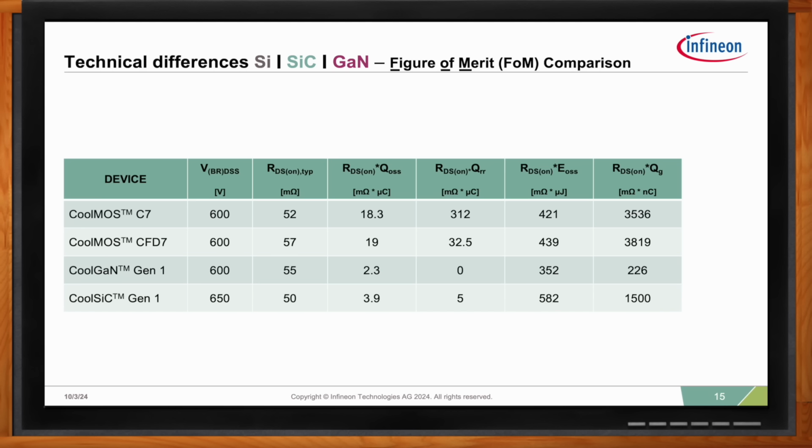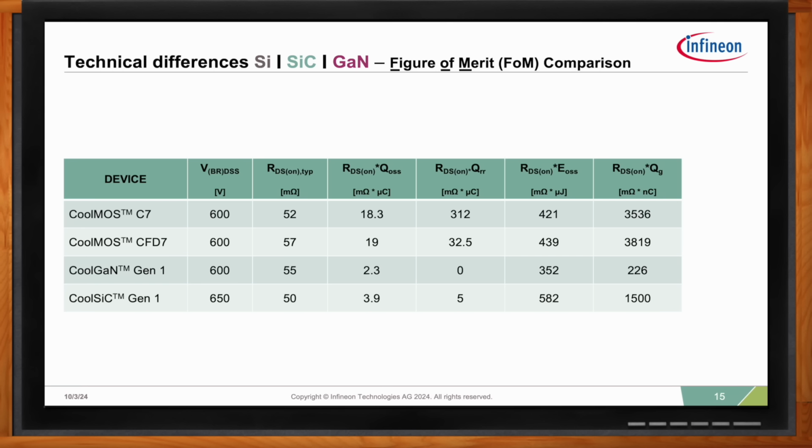The chart shown on this slide outlines characteristics of similar RDS(on) devices at 600 or 650 volts from each technology, that is silicon, silicon carbide, and GaN, through various figures of merit, that is RDS(on) times QOSS, RDS(on) times QRR, and so on. These figures of merit provide a normalized means to draw practical comparisons of various characteristics of these devices. The lower the figure of merit, of course, the better the performance of the device.